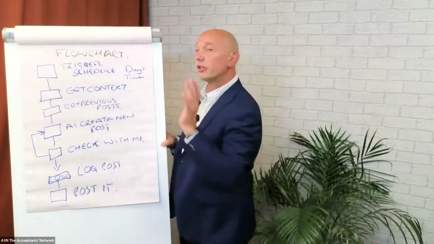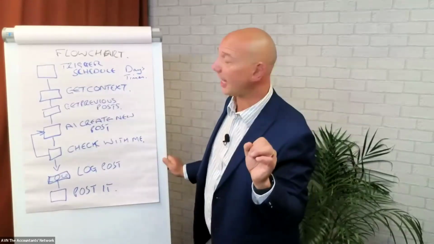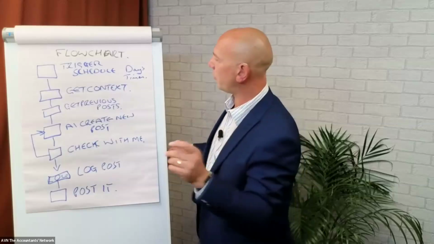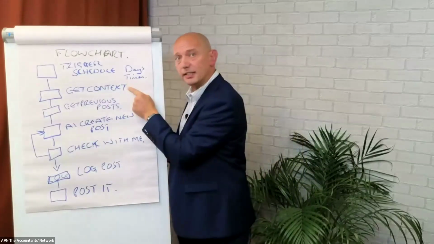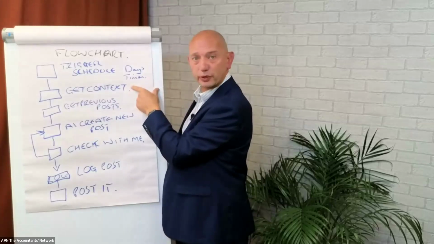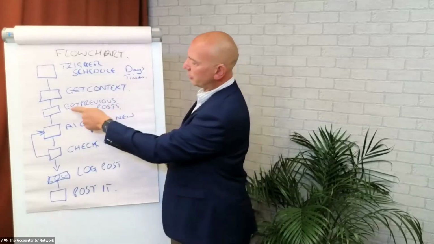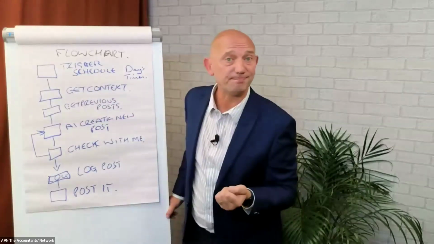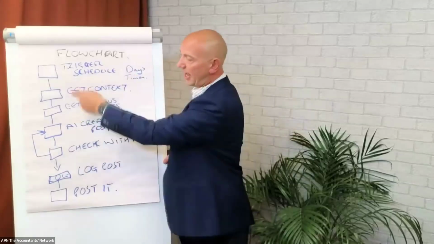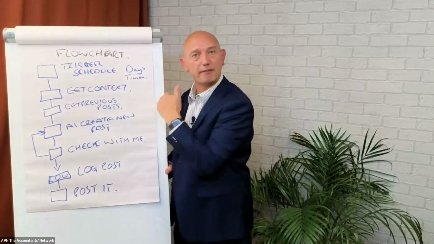So I'm going to go now into creating this AI agent very shortly, but what we want to do is make this context file that we just created really easy for the AI agent to access. And we're going to store all the previous posts in a spreadsheet, so that, again, this AI agent can access them every time.